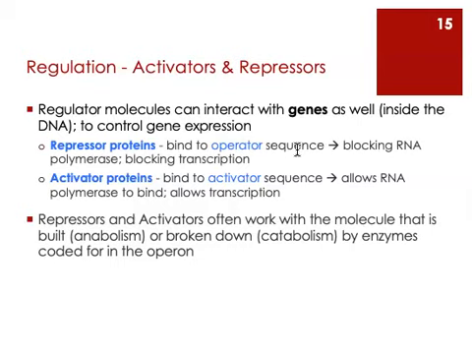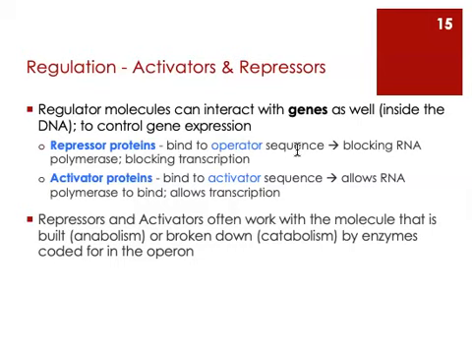Activator proteins are essentially the opposite. Activator proteins also bind to the regulatory region of a gene, but they're going to bind to activator sites, just little places in the regulatory region of a gene that are called activator sites.